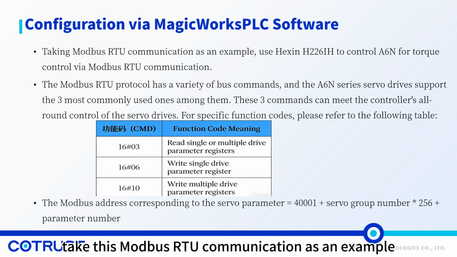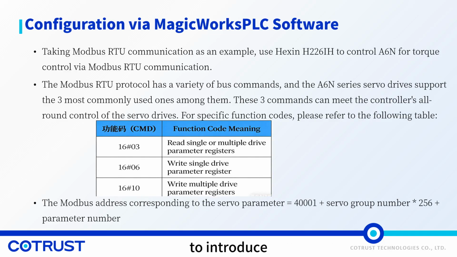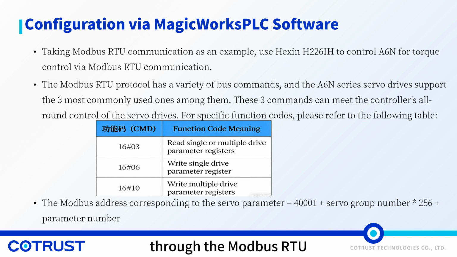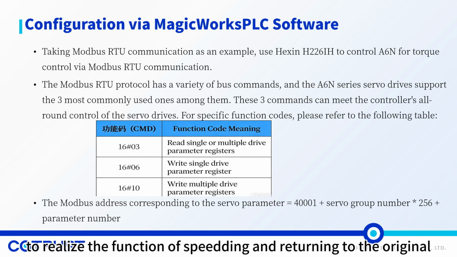Take this Modbus RTU communication as an example to introduce. Use the CTH200 series PLC to control the A6 servo through the Modbus RTU to realize the function of speeding and returning to the original.